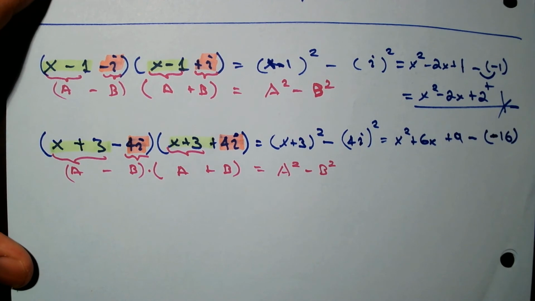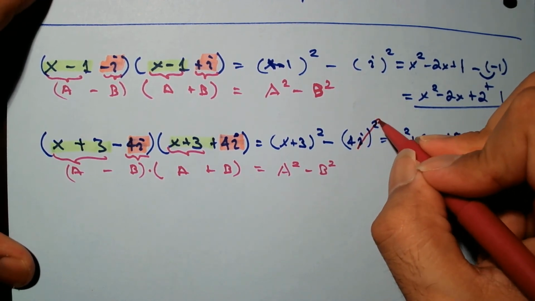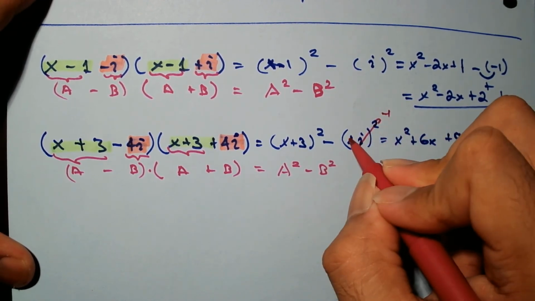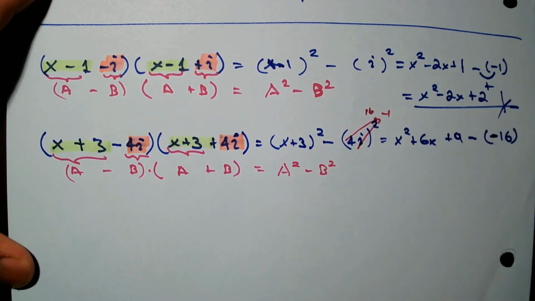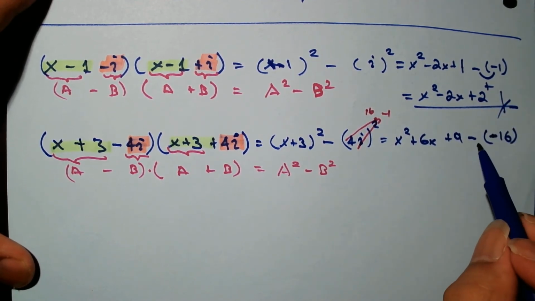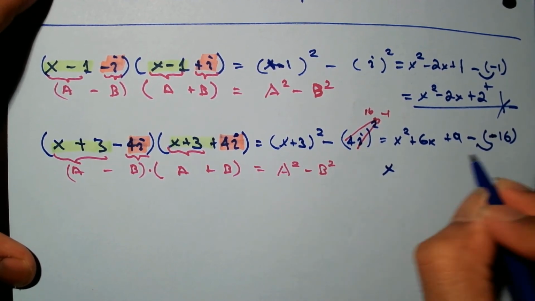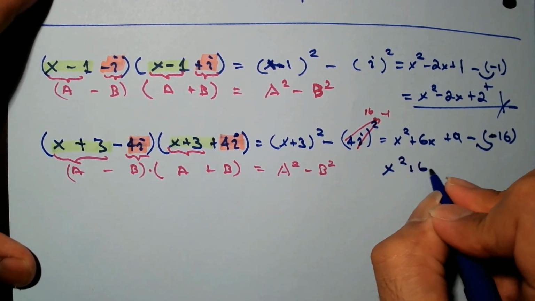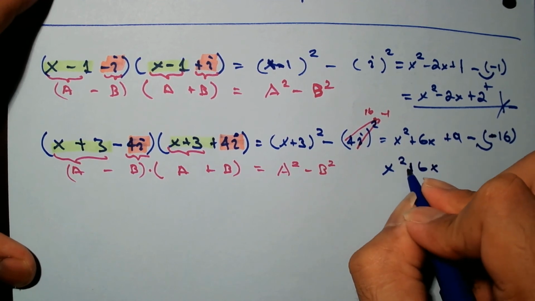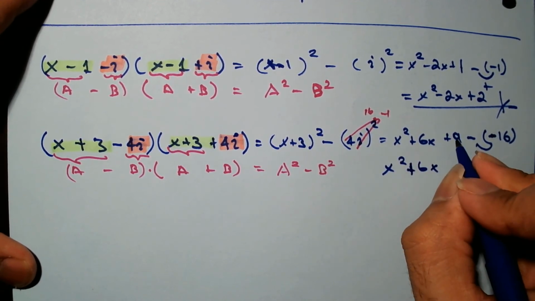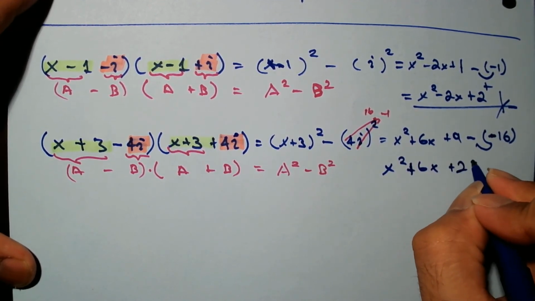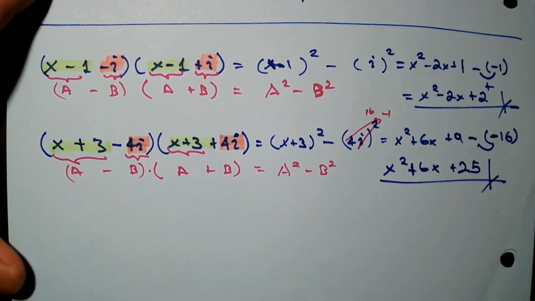The i squared becomes a negative 1, and the 4 squared is 16. So this is going to be a plus 16. So 16 plus 9, that's going to give me x squared plus 6x plus 25.